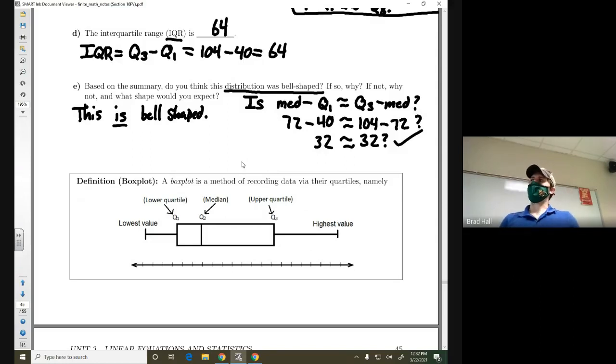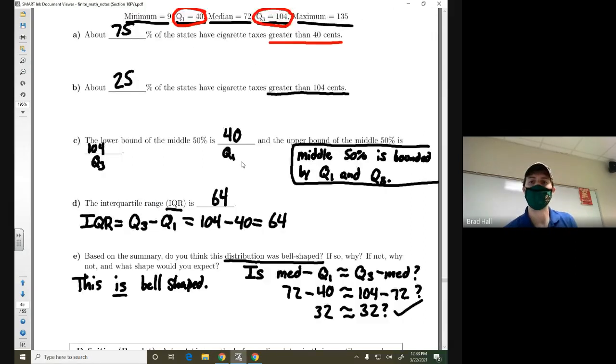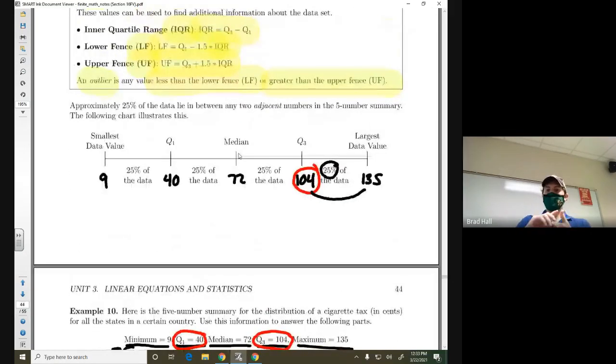And then we also introduced this idea of the 5-number summary. And the 5-number summary, as you would imagine, is comprised of 5 numbers. Smallest number, first quartile. In fact, let me show the diagram while I'm at it. The smallest data value, the first quartile, the median, the third quartile, and the largest data value. And what these do is split the values into fourths.